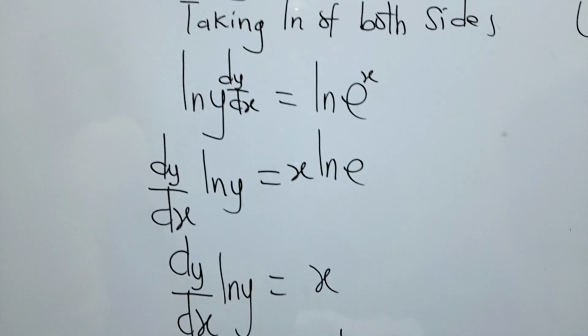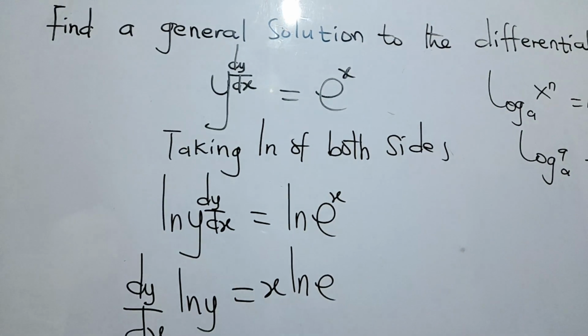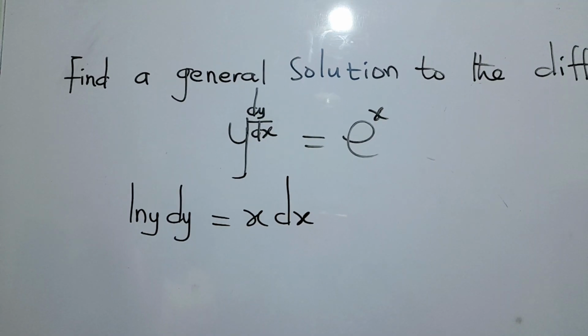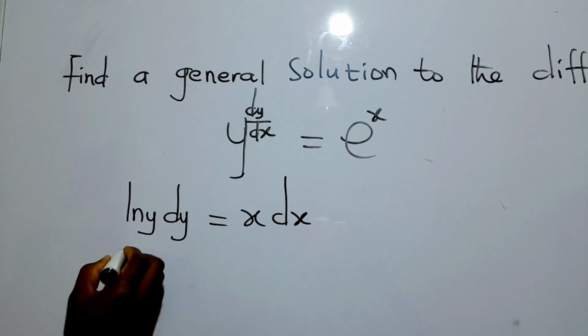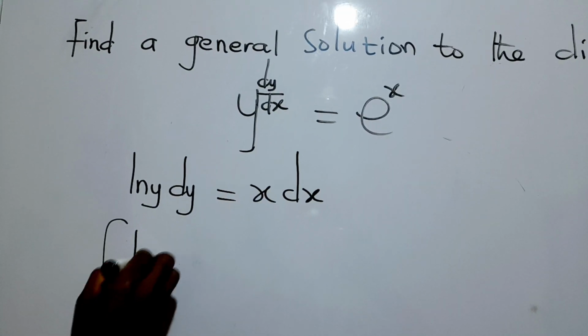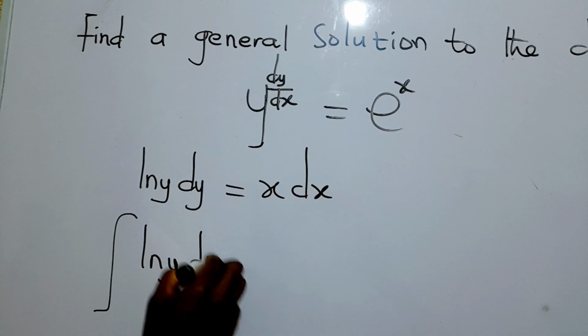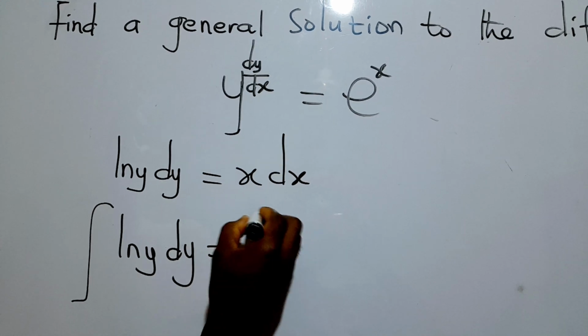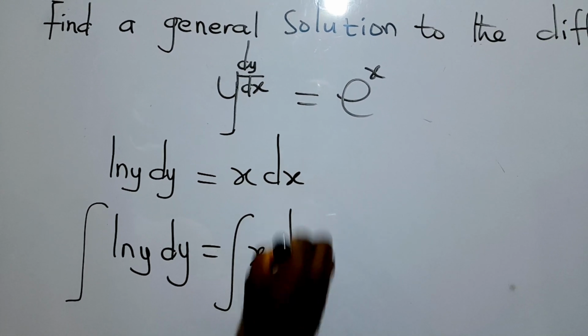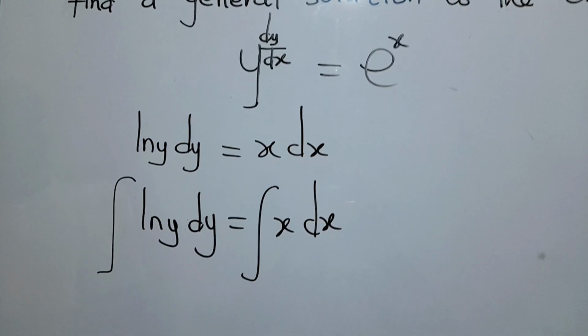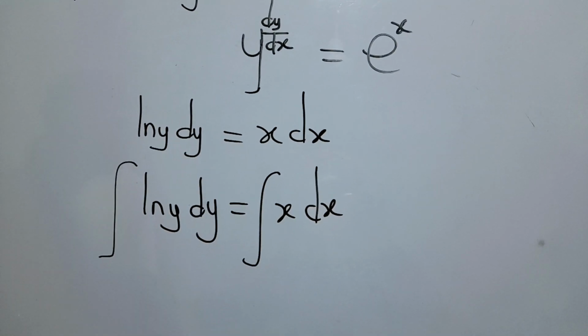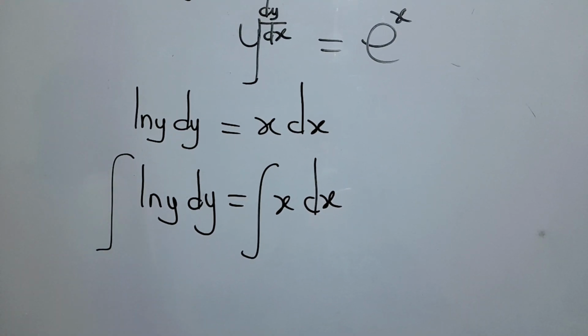What we need to do is to integrate both sides to find the general solution. So we can now integrate both sides. We can say the integral of ln y dy equals the integral of x dx. How do we integrate ln y?